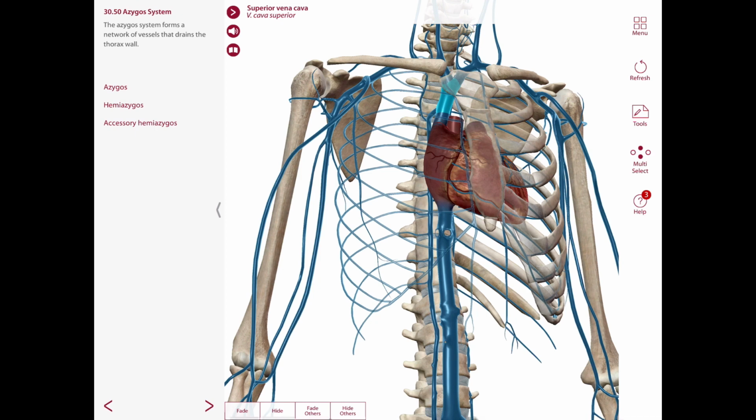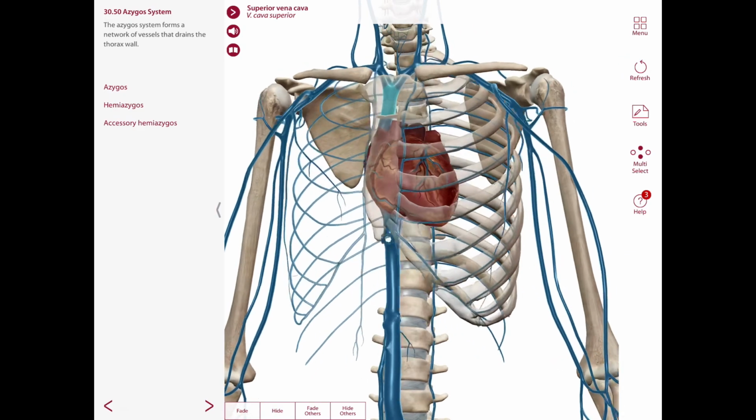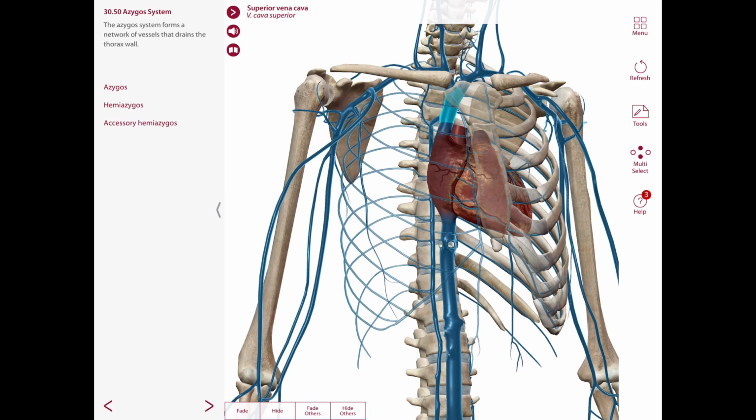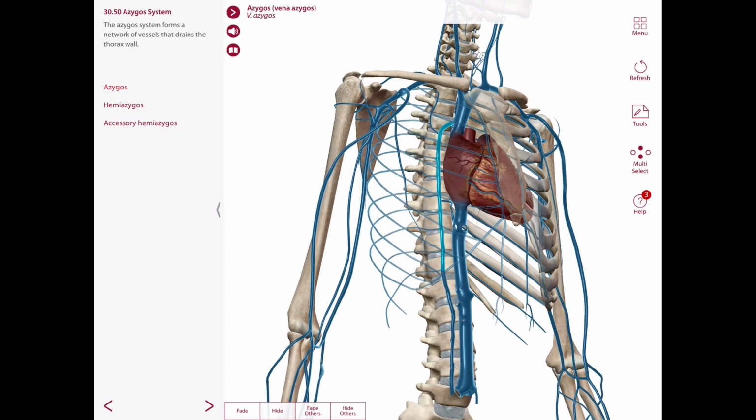The blood in the azygous system drains into the superior vena cava, and this consists of two longitudinal venous channels, one on each side of the vertebral column. The first channel on the right side is the azygous vein, which you can see here in light blue. And the channel on the left side consists of two structures.